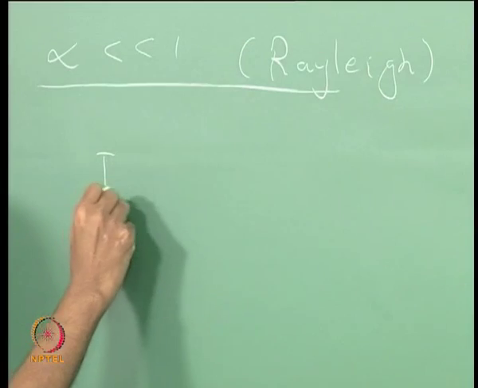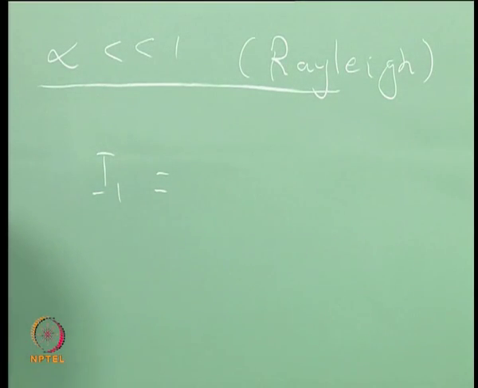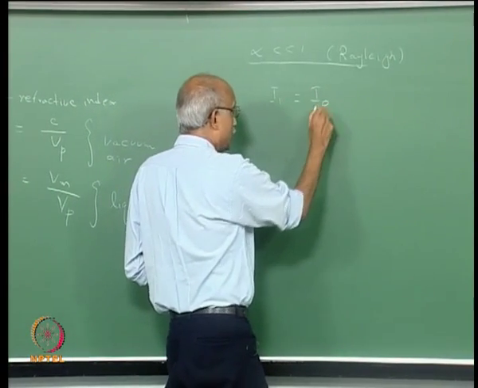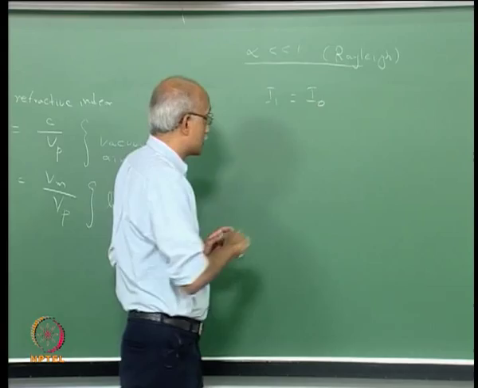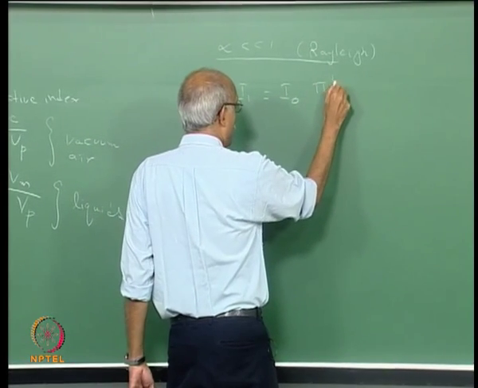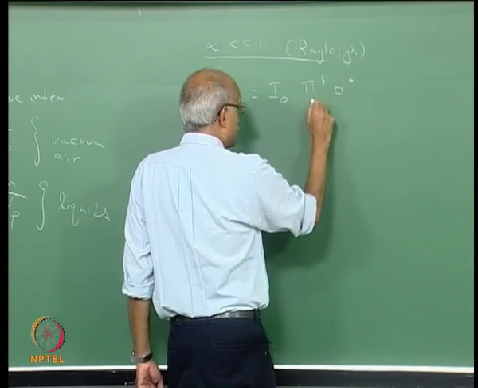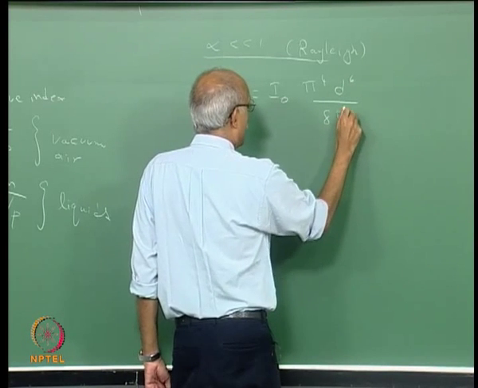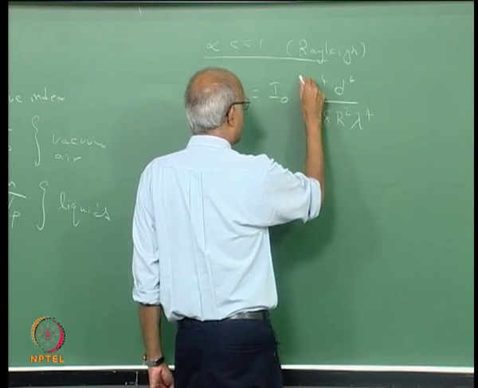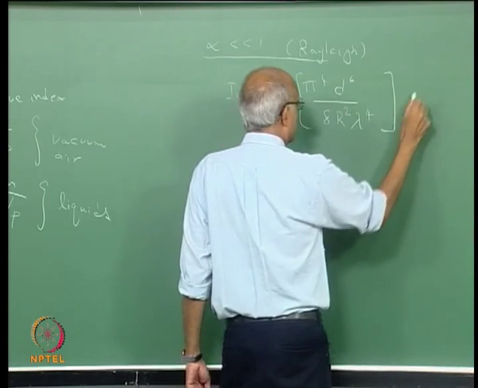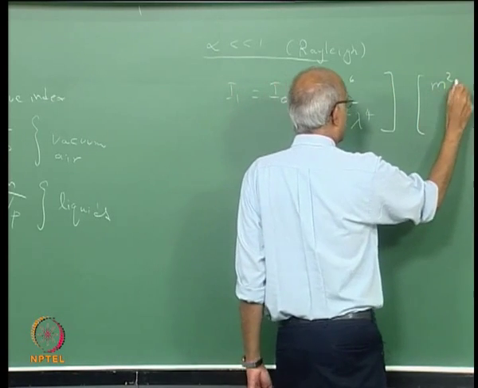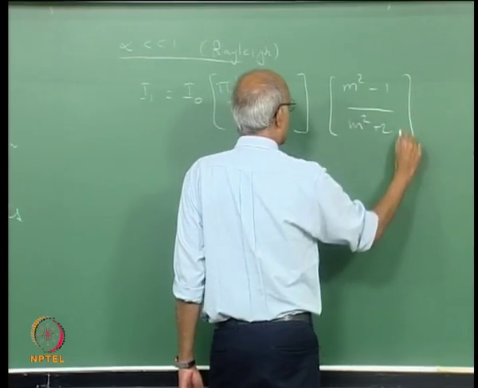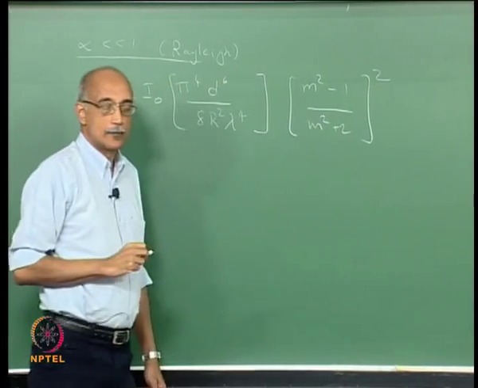And again, we have to split the contribution into I1 and I2. I1 is equal to I0 times pi to the power 4 d to the power 6 over 8 r squared lambda to the power 4 times m squared minus 1 over m squared plus 2 the whole squared.